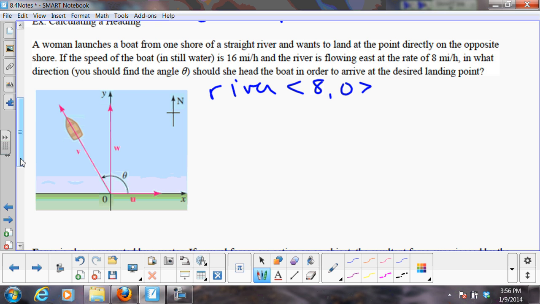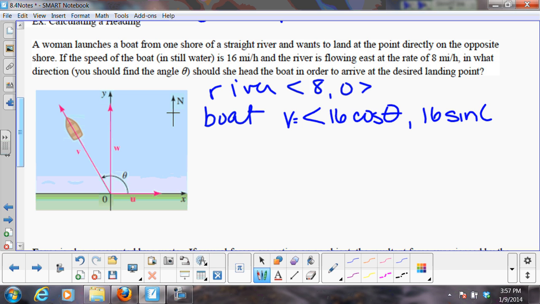What direction should we find our angle? Our boat, which is V, is 16. So 16 cosine theta, because we don't know what angle it's going at, 16 sine theta.